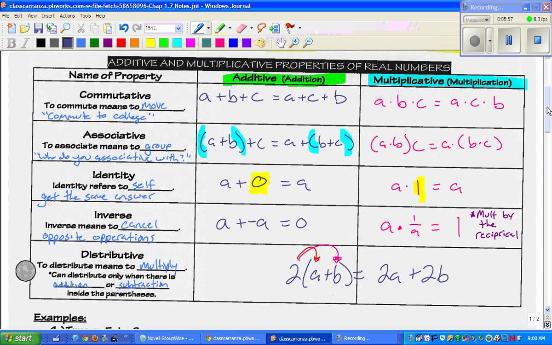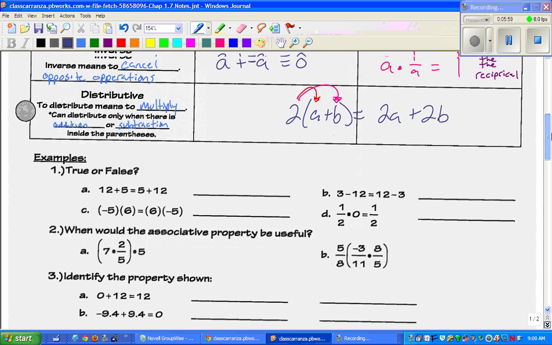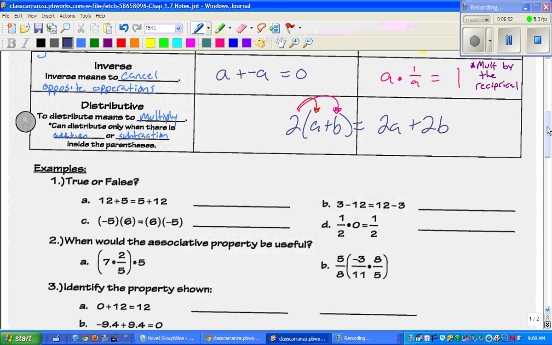Now, let's see these properties in use. True or false? 12 plus 5 is equal to 5 plus 12. Well, 12 plus 5 is 17. Does that equal 17? True. Now, does that work with subtraction? 3 minus 12 is negative 9, but 12 minus 3 is positive 9. So is that true?